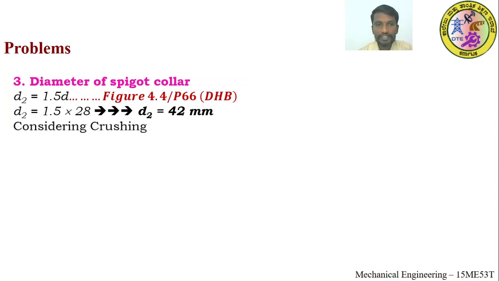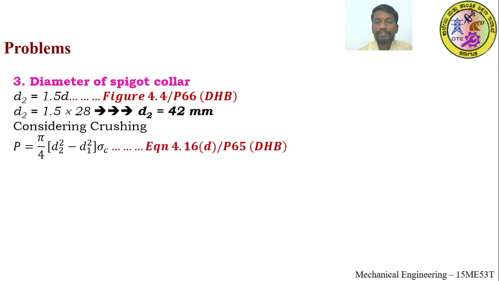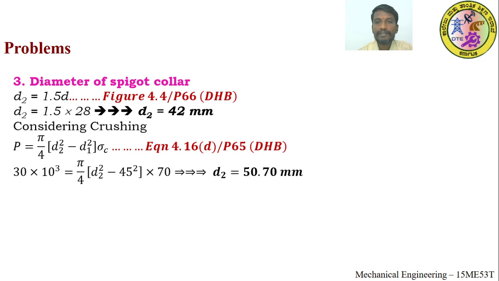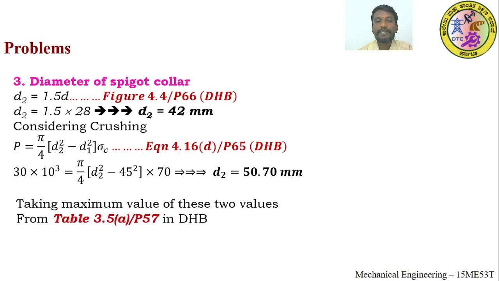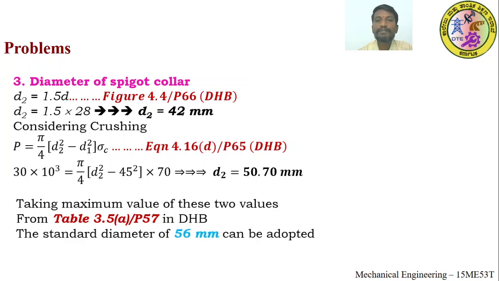So considering crushing, we get equation 4.16d on page number 65. Applying the values, we get d2 is equal to 50.70 millimeter. Taking the maximum of these two, we go for 50.70 millimeter. Then from table 3.5a on page number 57, we get the standard diameter of 56 millimeter.